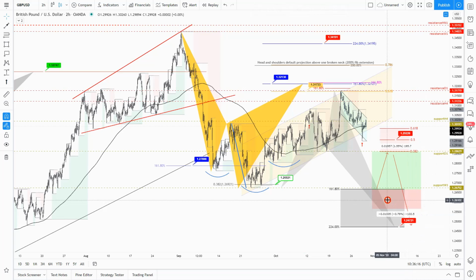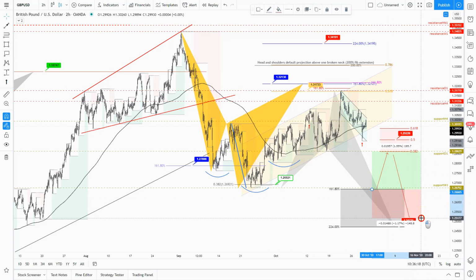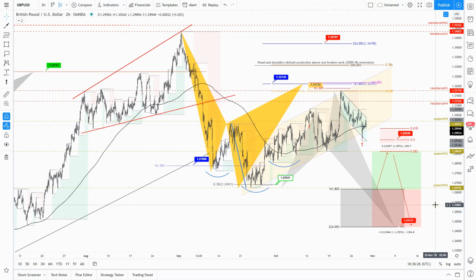And obviously, always, if you use a 1-to-1 risk reward approach, which is the maximum that I always suggest, you never enter the market to lose more than what you expect to win.